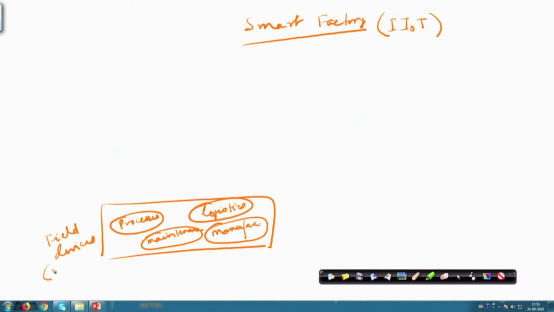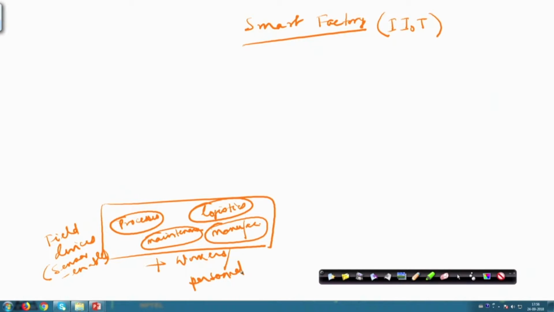So, these field devices are basically sensor enabled. Let me also tell you that not only are these field devices enabled with sensors, but the different workers, or the different personnel that are involved, also will have wearable sensors which continuously monitor their work habits, their stress level and so on.